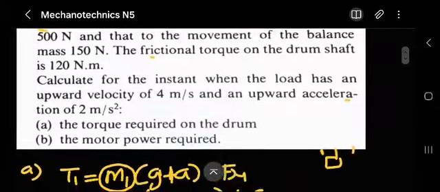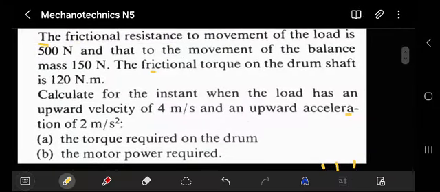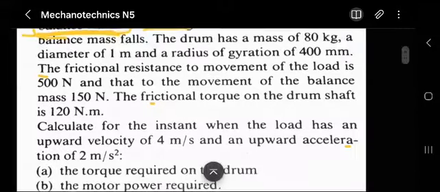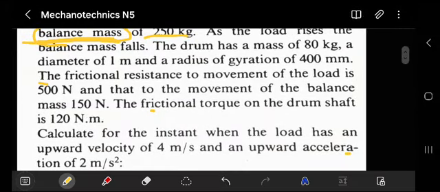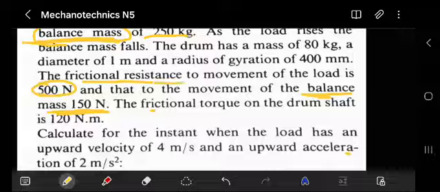Let's check the friction now. We've been given the first one, the movement of friction of the balance mass. Here it's a movement of friction. Then the movement of the balance mass. The resistant friction to move the load is this, and that to move the balance mass is 1/5.